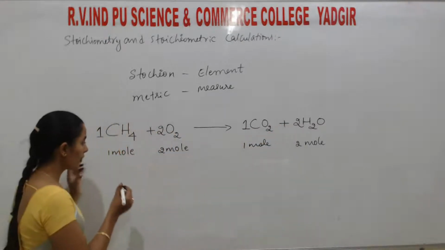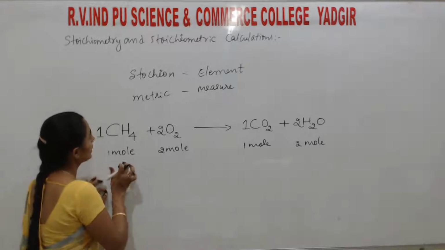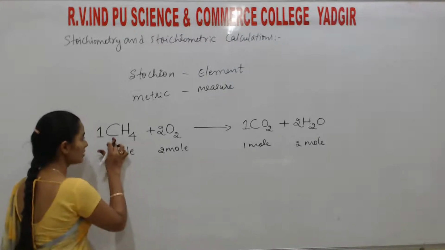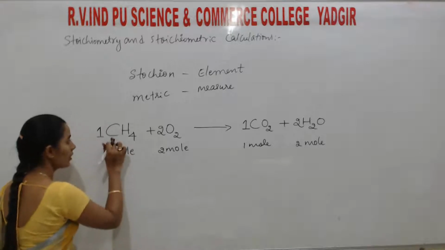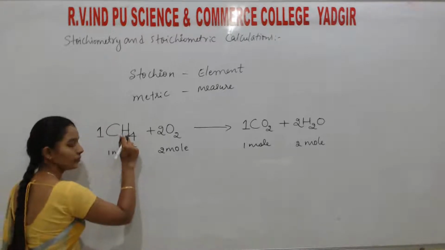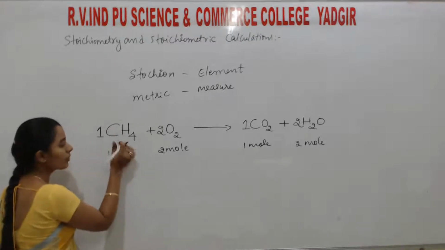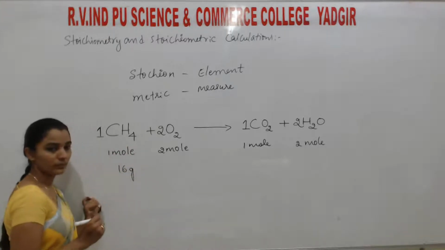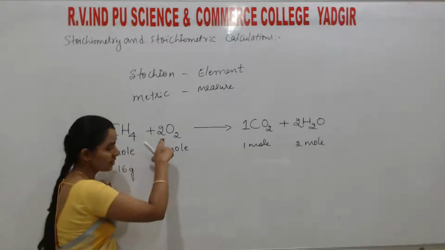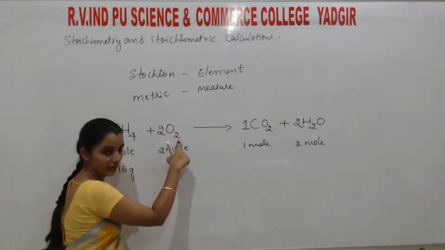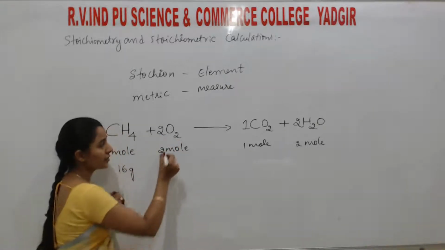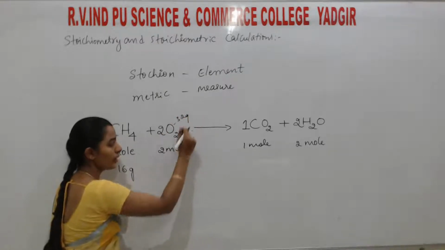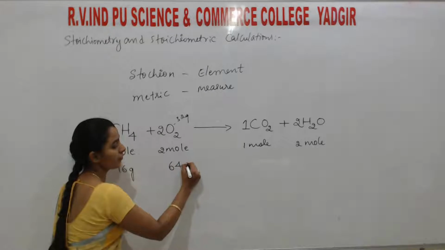If we want to write this equation in mass form, CH4 means 1 carbon, 12, plus 4 hydrogen. The molecular mass of CH4 is 16 gram. One molecule of oxygen, O2, is 32 gram, so two molecules are 64 gram.